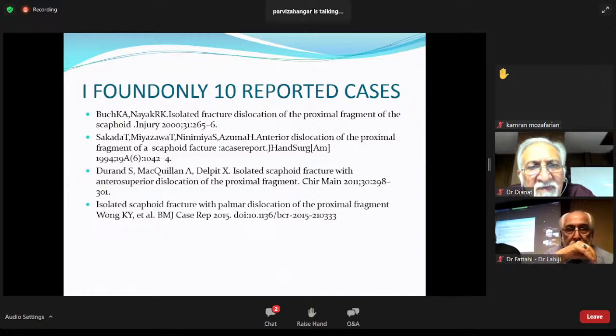I found only 10 reported similar cases in the literature. A couple of treatments from proximal fragment excision to fixation with the bone grafts, without bone grafts, and other options have been done. Please. Next, please.